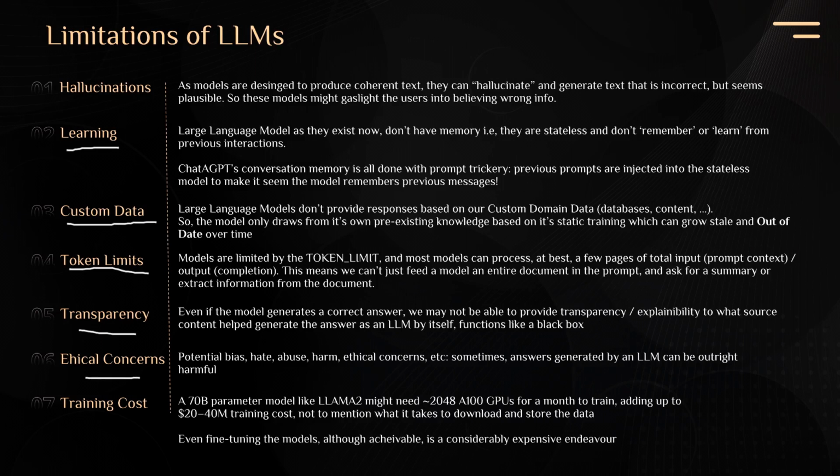And one more issue generally with LLMs is ethical concerns. There is a risk of having bias in the model. Even the answers generated could be harmful, although this is mitigated to a huge extent by a technique called RLHF, which was introduced by the OpenAI folks. It's called reinforcement learning through human feedback.